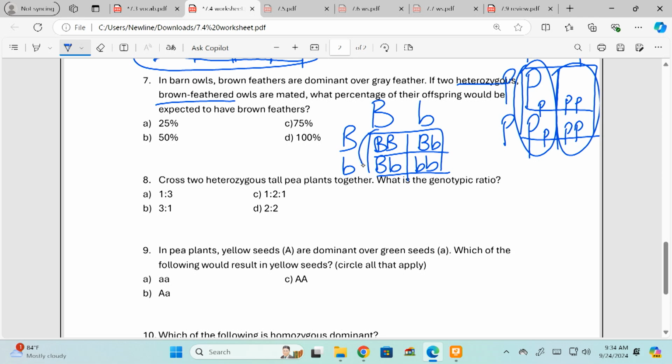Well, all 3 of these boxes are showing brown feathers, okay? Even those heterozygous, the big B, little b, they're still showing brown feathers because brown is dominant here. So 3/4 is 75%. So letter C is going to be our answer there, okay?